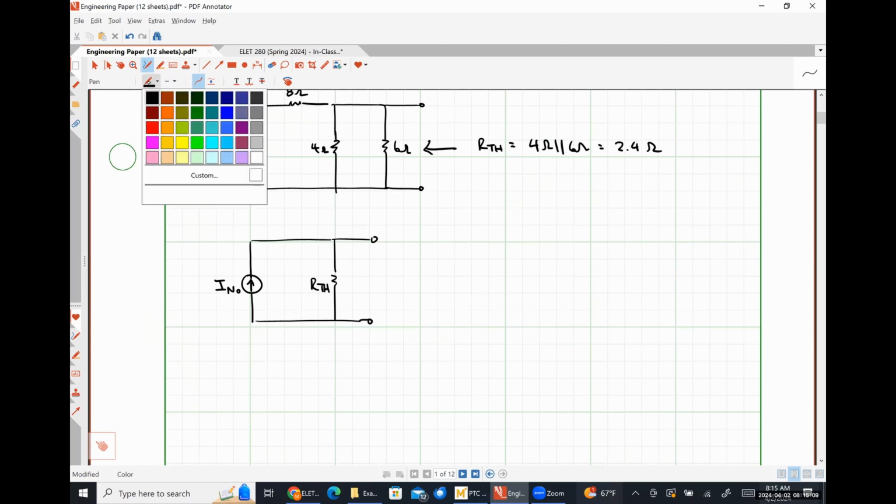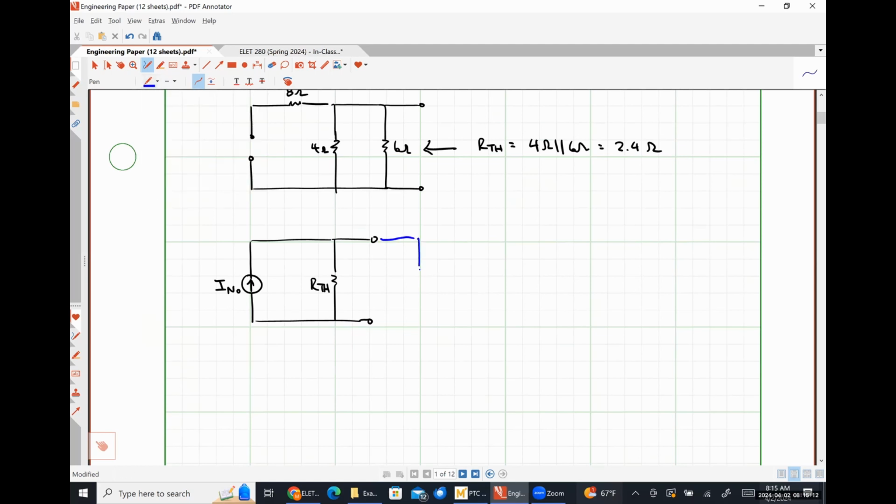This could also be connected to some load. Put an RL over here. Okay.